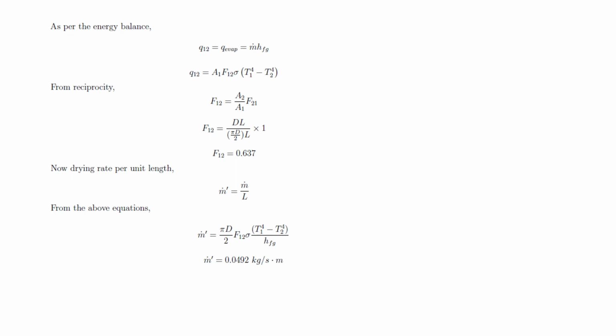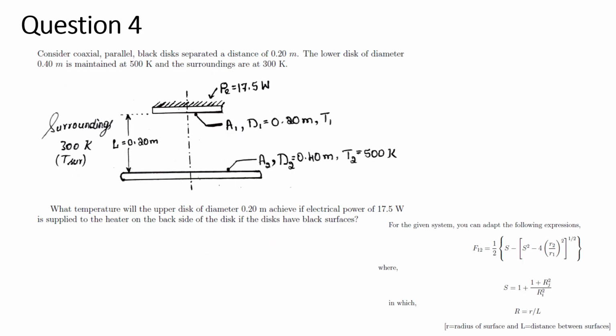Now let's see another question related to the same view factor radiation. In this question, we have been given: consider coaxial parallel black discs separated by a distance of 0.2 meter.